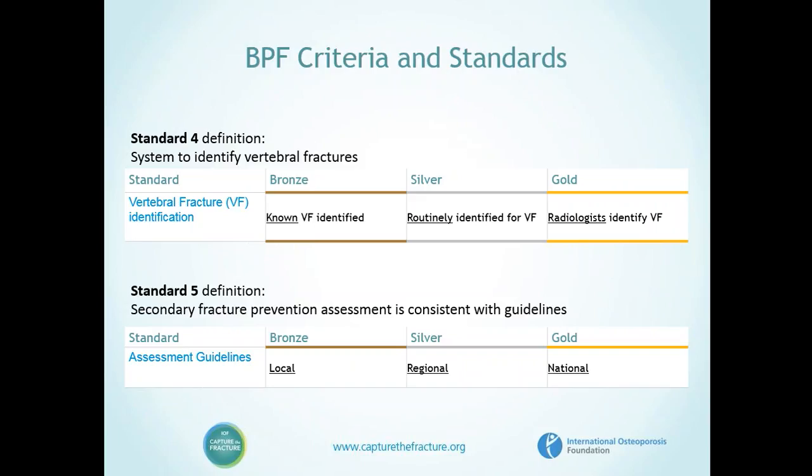Standard number 5 is secondary prevention assessment is consistent with guidelines. And this is in here because we really think it's important that guidelines are in place and guidelines are followed and guidelines are commonly developed by experts. And whatever is done at a specific site should of course be in line with these, since they're all evidence-based.